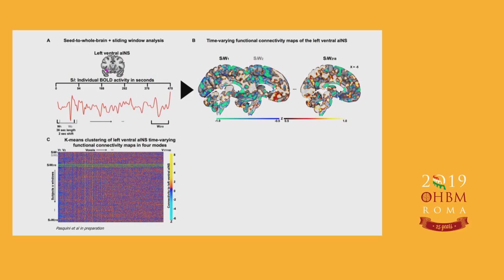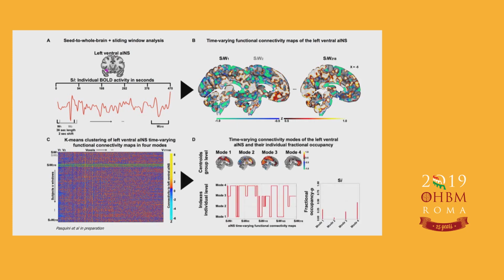And so each of these maps was vectorized. For example, here this row is exactly this map here, and concatenated across the subjects, and K-means clustering with a solution of 4 was applied to derive 4 spatial configurations that I will from now on call modes.